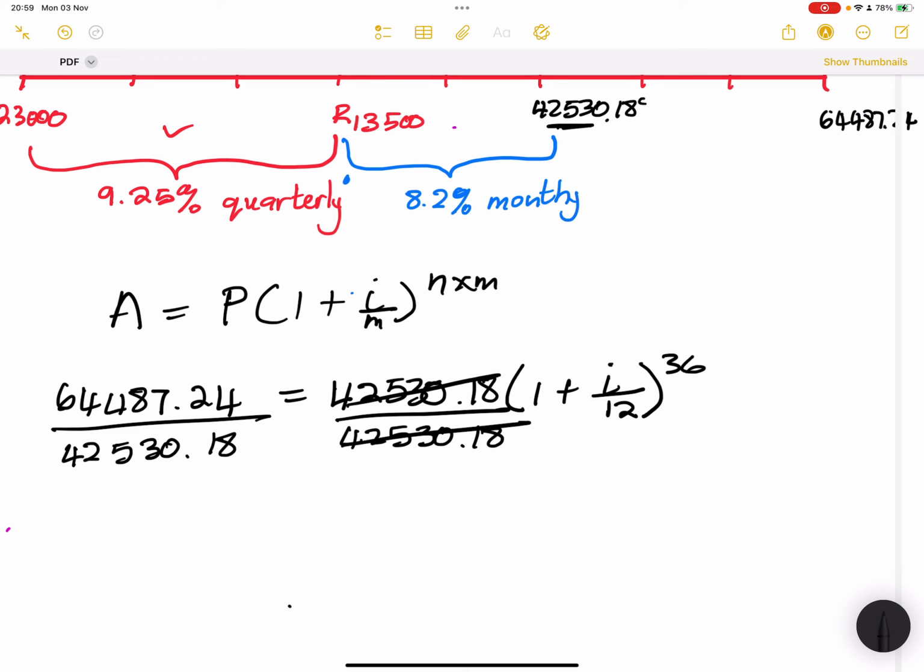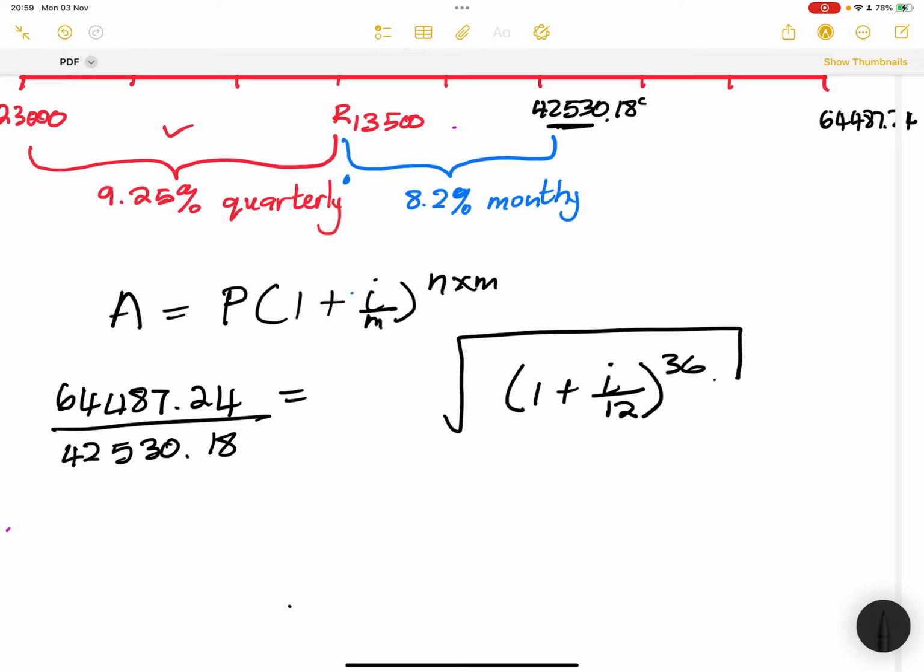And now to remove the 36, I am going to take the 36th root of this. So remember, the root cancels out the power. So I've got 1 plus i over 12.